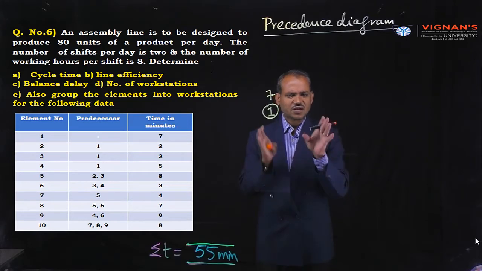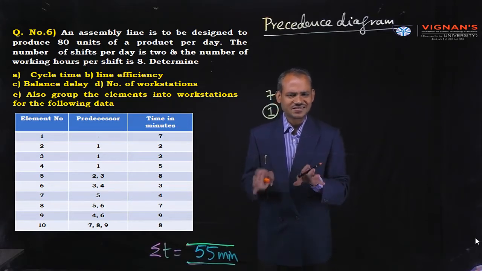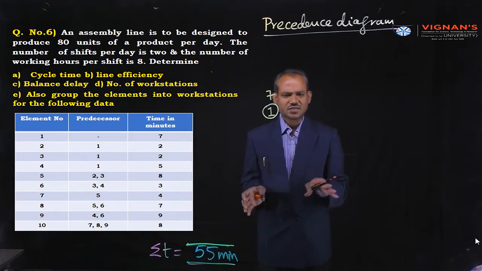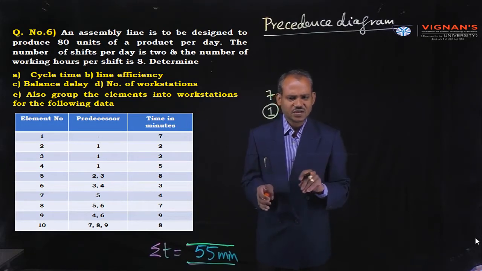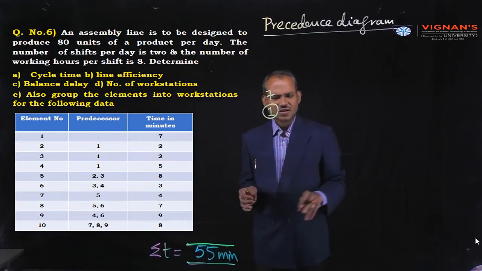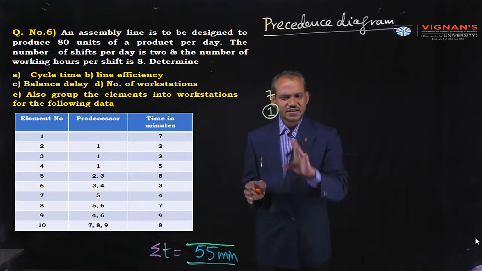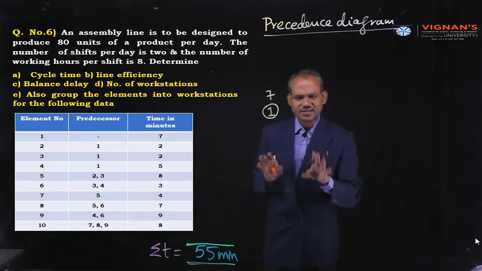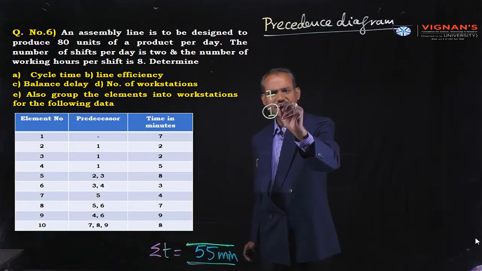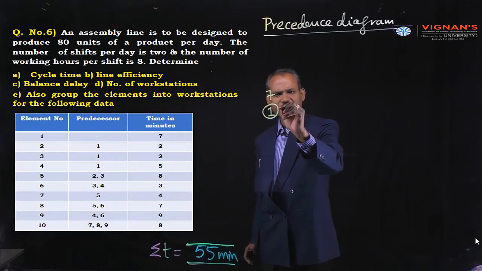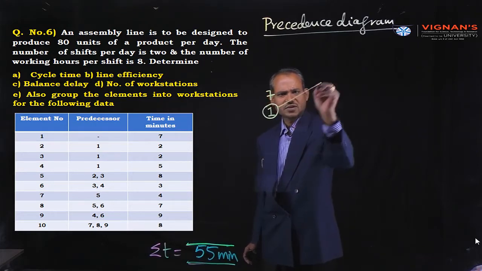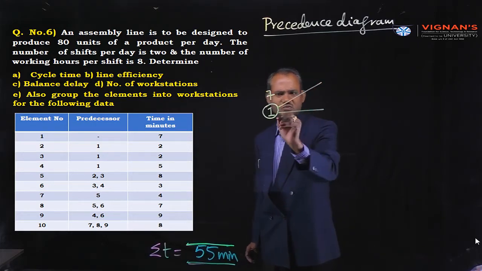For all the elements 2, 3, 4, predecessor is only 1. That means, after completion of work element number 1, immediately 3 elements will start. That is indicated with 3 arrows drawn from element number 1.